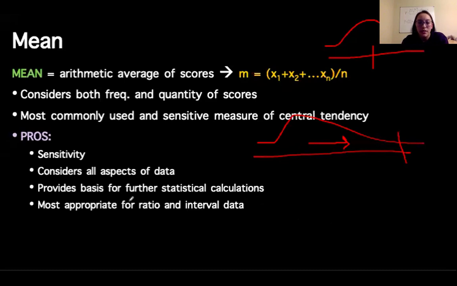And this is also the most appropriate for ratio and interval data, again looking at the spectrum within which values lie. So remember, in ratio data, a value of absolute 0 represents the absence of a score. In interval data, absolute zeros don't exist, so zero is just part of the range of measurements that you could collect from somebody.